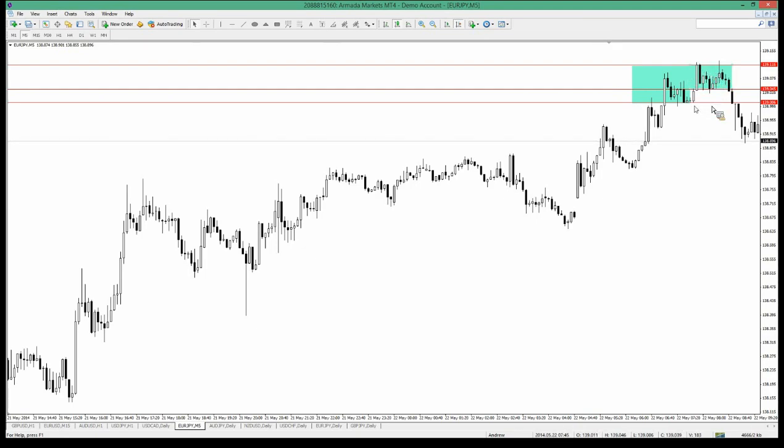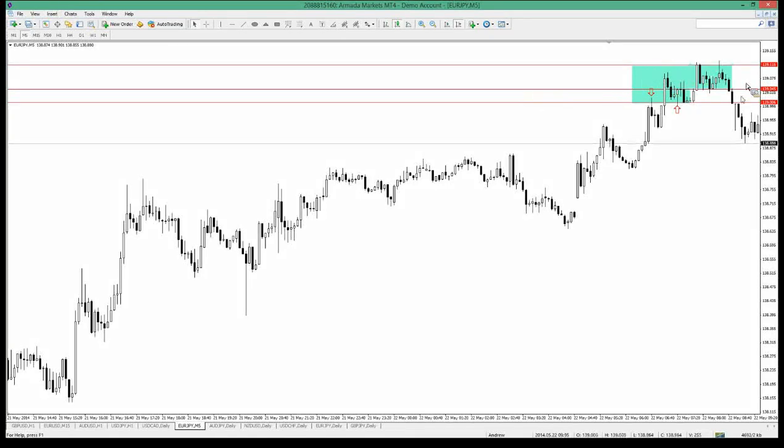But if you have a look at this on the left hand side, this is where I remember the example we looked at, the theory part. You see how we have this area here, the spike as resistance, and it then flips to support, and we got this consolidation. Then price steps up again and uses this base, and then we break down. So remember, we're at the key level of resistance.